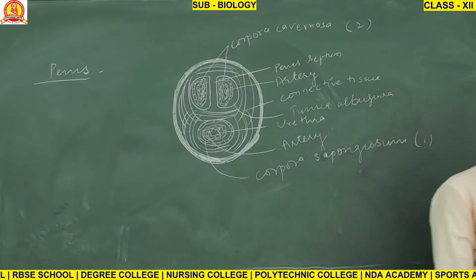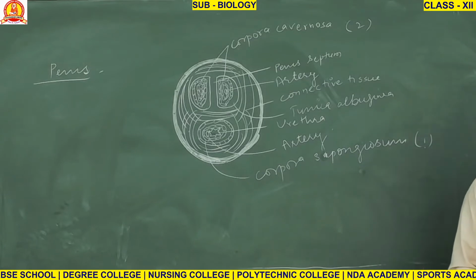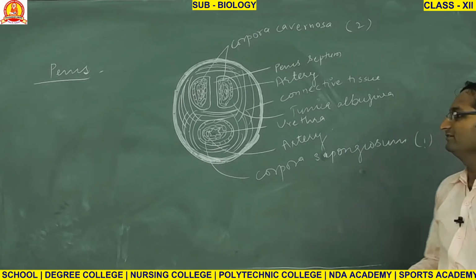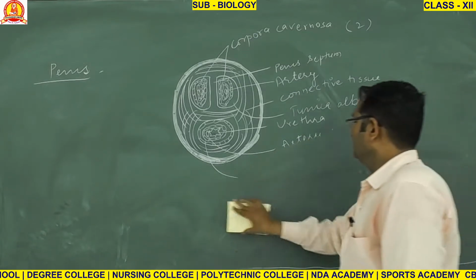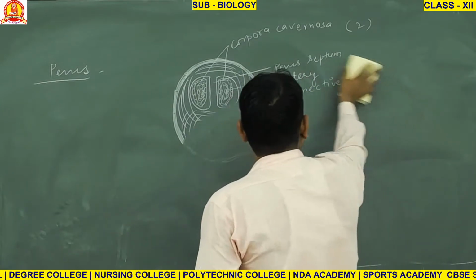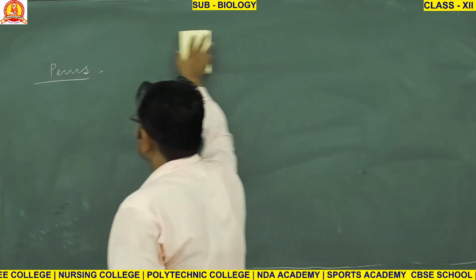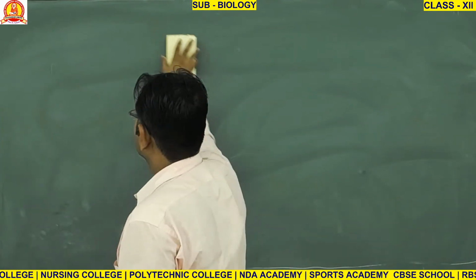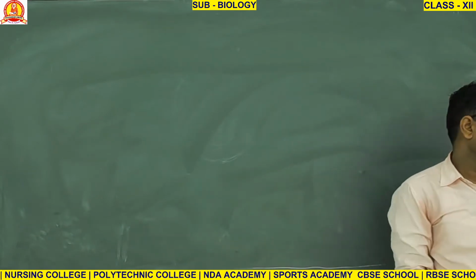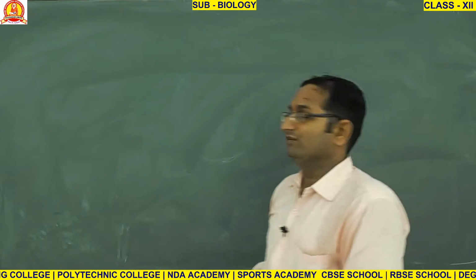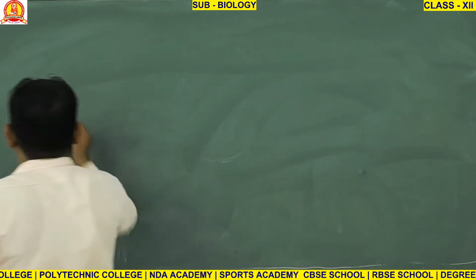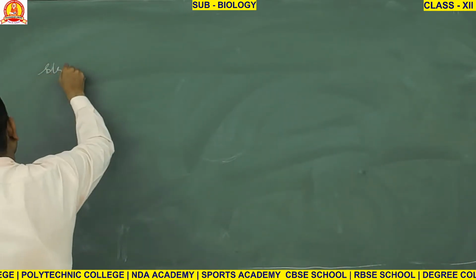Okay, so this is about penis. After this, next we are studying the female reproductive system, and before the female reproductive system we shall discuss the structure of seminiferous tubule.